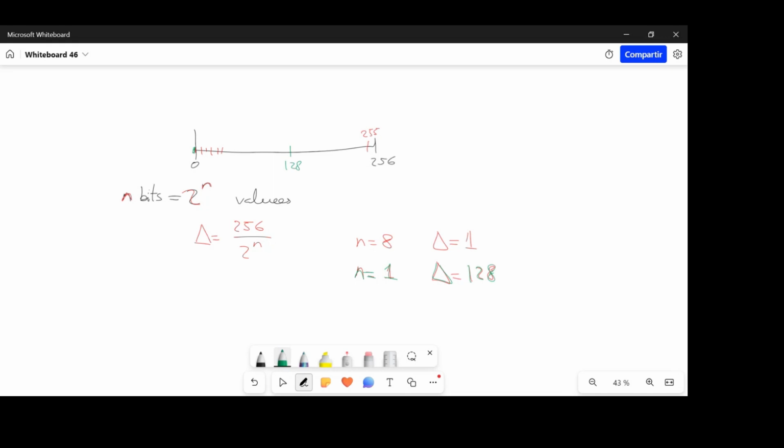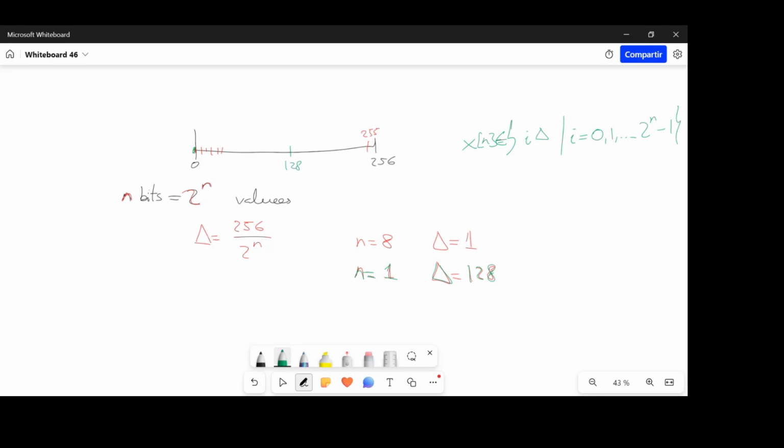So the values that this signal can take belong to the set of multiples of delta. I use the values 0, 1, and so on; these are the possible values I can take.